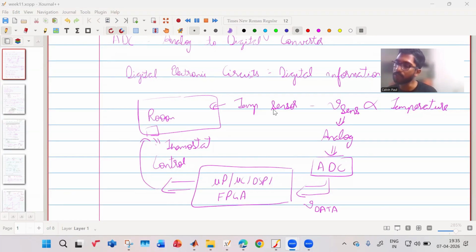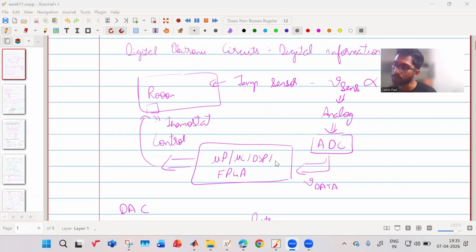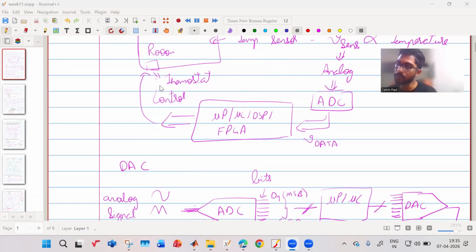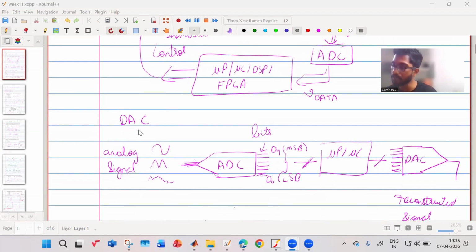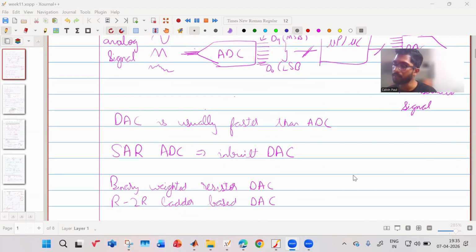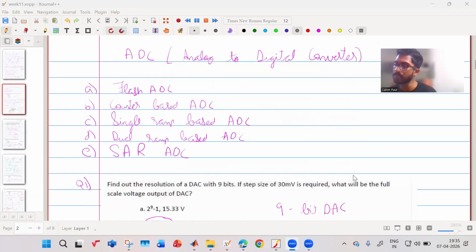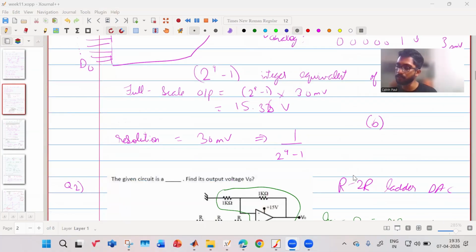It will generate a voltage, so you have to use an ADC. That data goes to some microprocessor, microcontroller, or FPGA, and then that will generate some command which will go to your thermostat. That might require a DAC. Then we saw what a DAC is, what an ADC is, what the different types of ADCs and DACs are, and then we solved various questions.